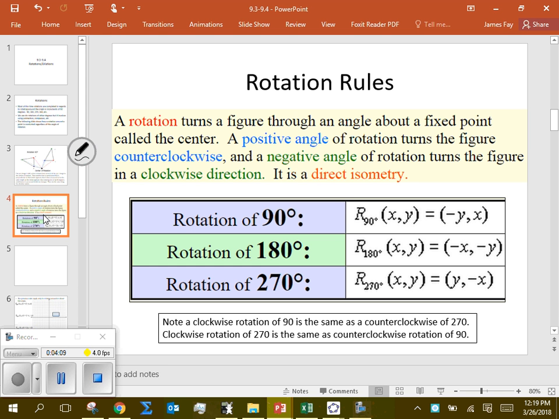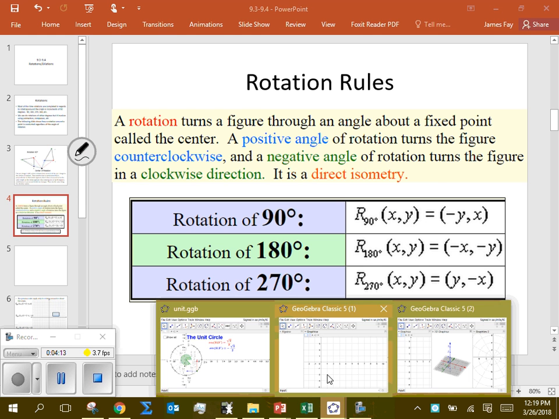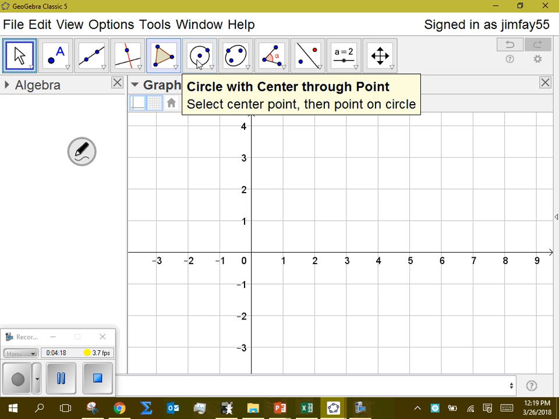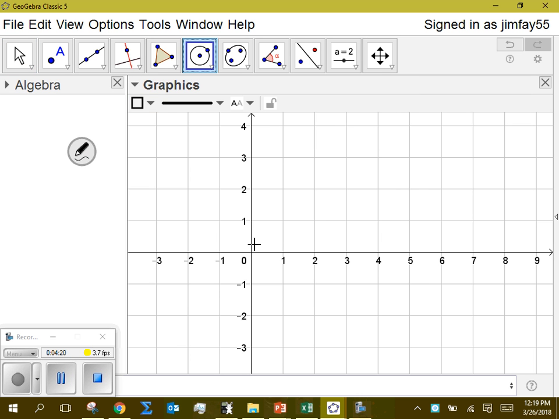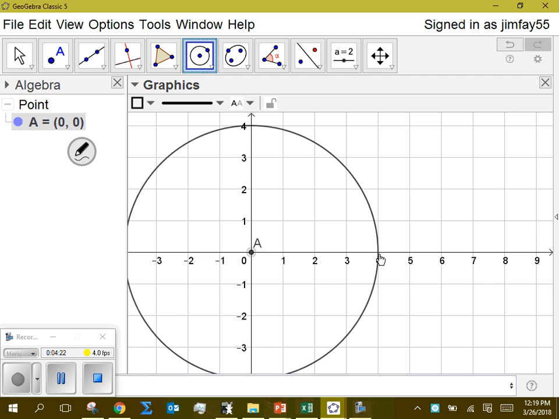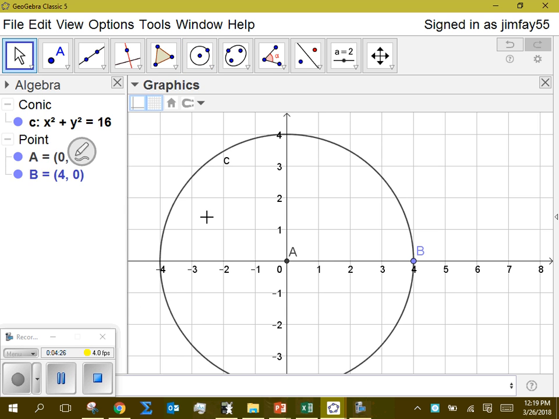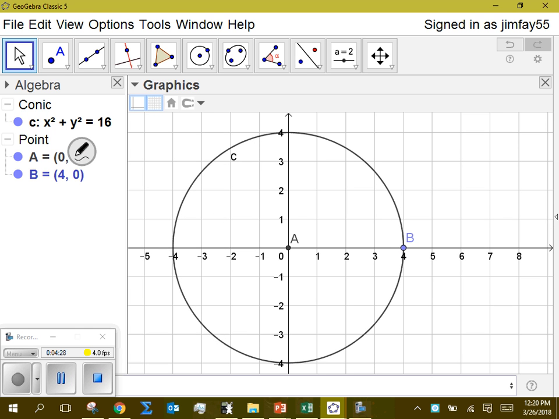The reason we can do that, I don't know if we said this or not. I think it warrants discussion. Regardless, talking about it a couple times makes it stick a little bit better. If I have that circle right there, and rotations are circular motion, we're taking a point, whatever that point might be. Let's say I'm taking that point right there, P prime, and I want to rotate it 90 degrees.